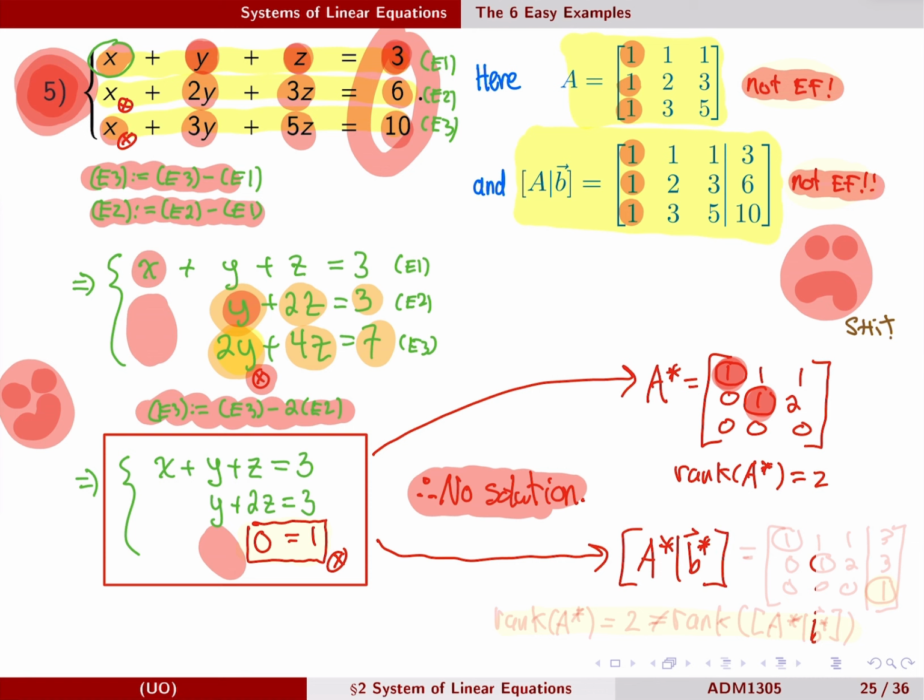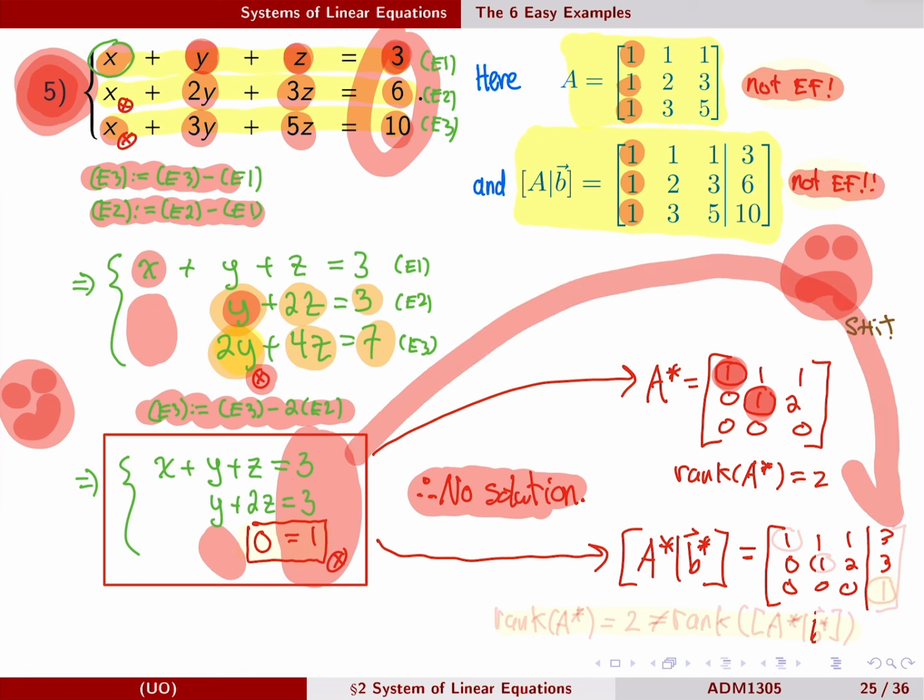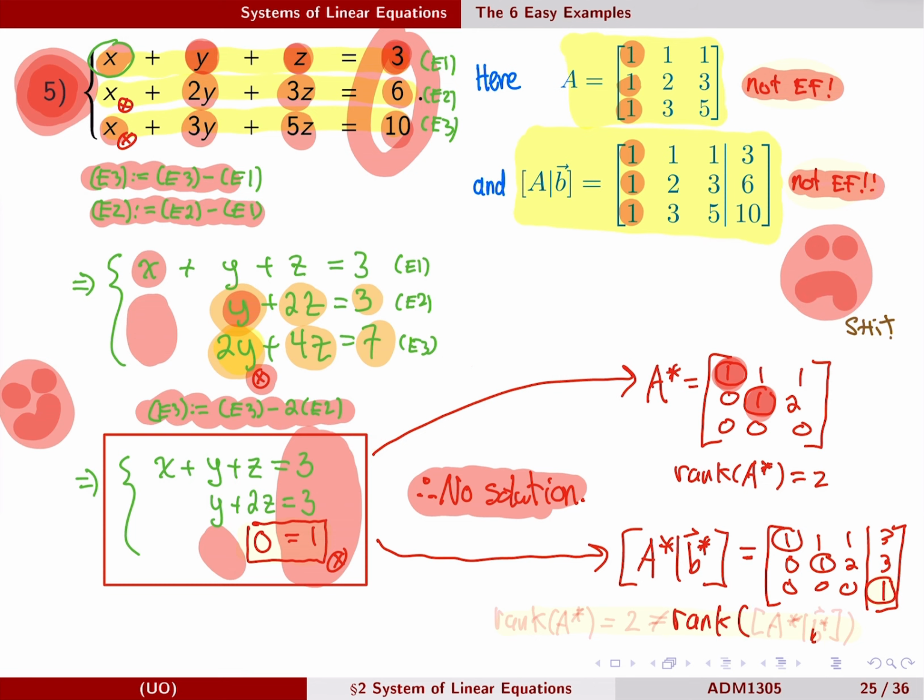And meanwhile, if you look at this A star augmented by, let's call it B star, so if you look at that new matrix now, after doing some work to it, we get 1, 1, 1, 0, 1, 2, and 0, 0, 0, augmented by 3, 3, 1. And what's interesting now is that the rank of that matrix is actually equal to 3.